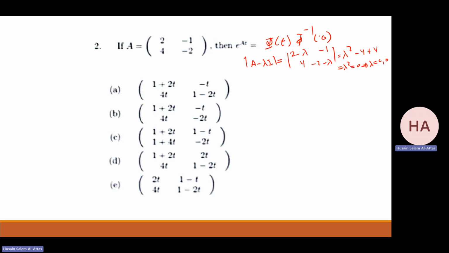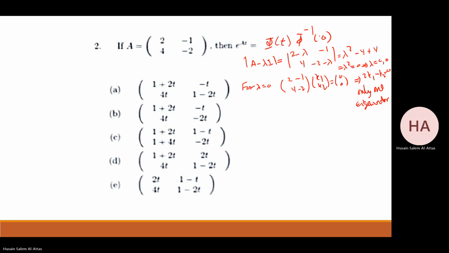Okay. For lambda equals 0, we have this. We have only one eigenvector. What is it? I don't care. So we need to choose u1 such that (A minus lambda I) square u1 equals 0, but (A minus lambda I) u1 is not equal to 0.